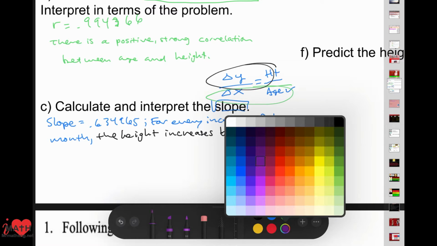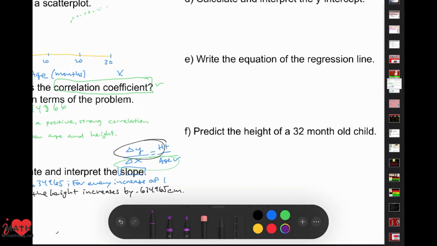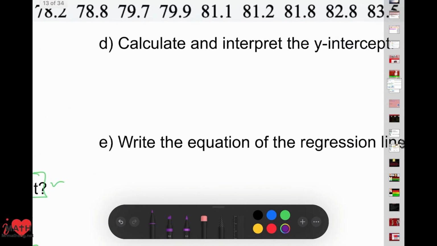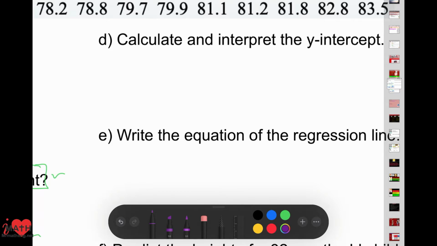And then let's go ahead and do I think we have the y-intercept up here. So what is the y-intercept? The y-intercept is equal to 64.9283.